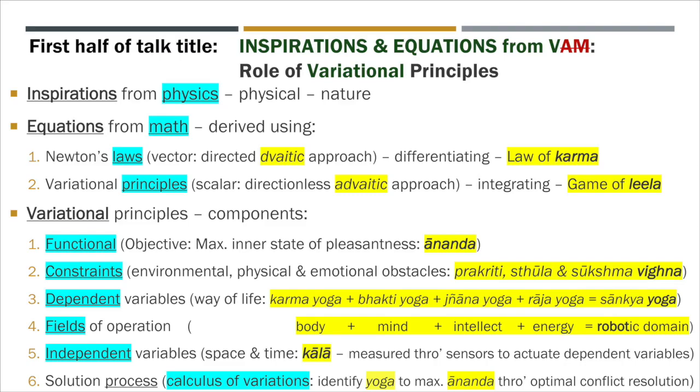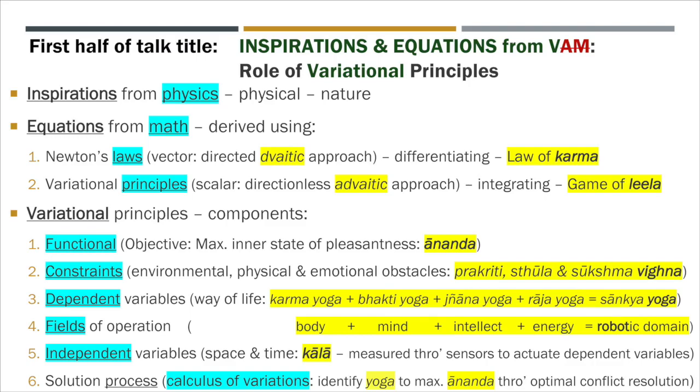Now, these dependent variables are not necessarily things which when solved will be constants. They can be functions themselves. And what are they the functions of? The functional, first of all, is a function of the dependent variables. Now the dependent variables in turn are a function of the independent variables.